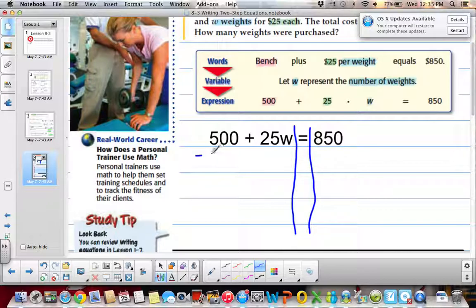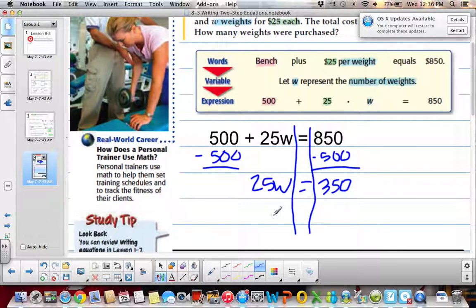Subtract 500 on both sides. Okay, so we have 25W. 850 minus 500 is 350.